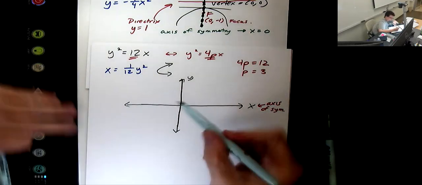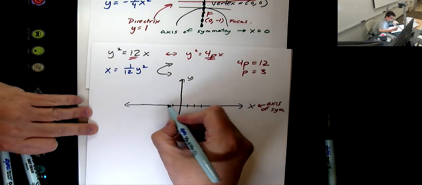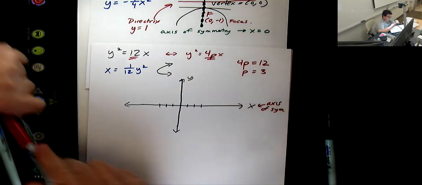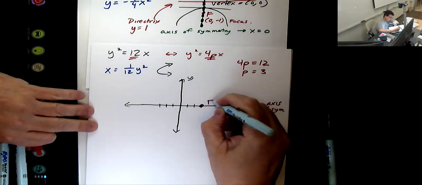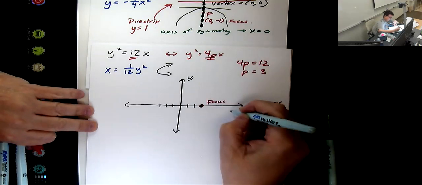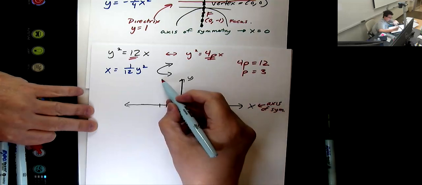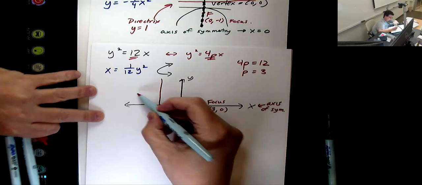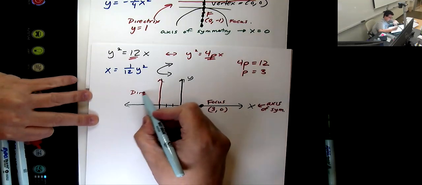P is 3. We're going to go 1, 2, 3. Directrix is 3 the other way. So my focus looks like it's at 3, 0. And my directrix, what is that line?